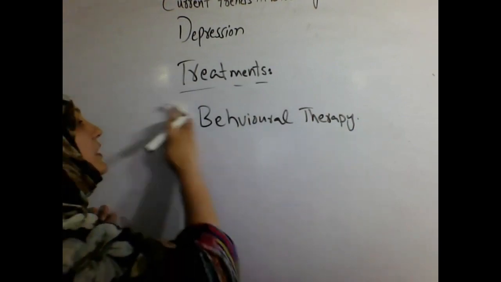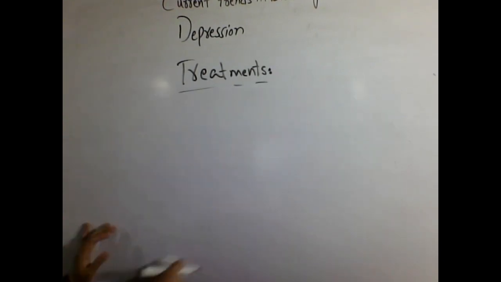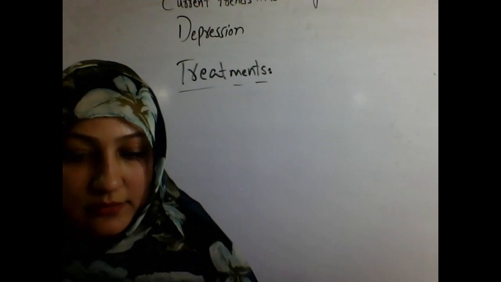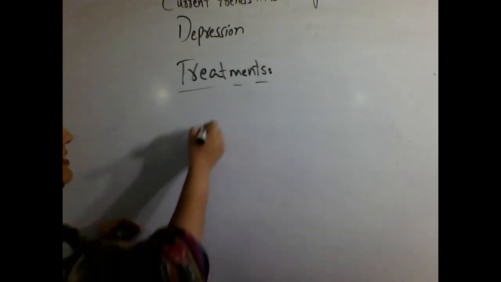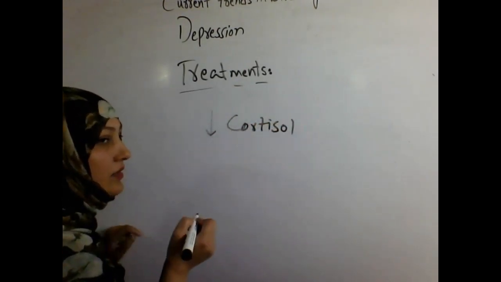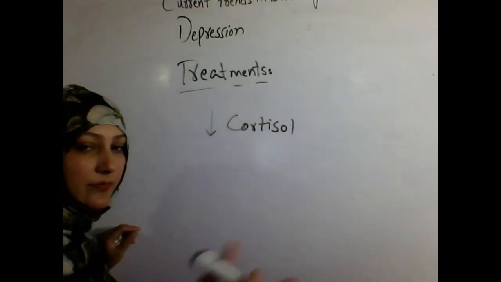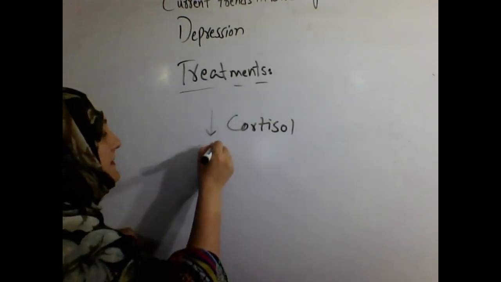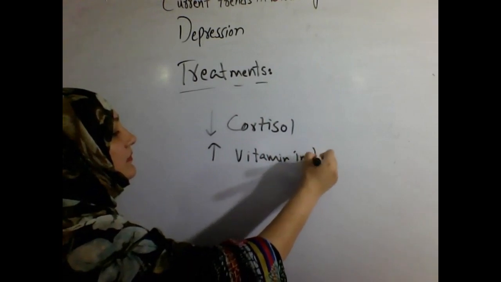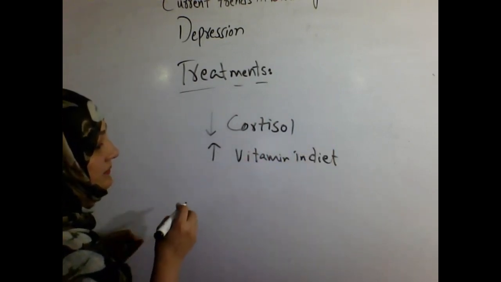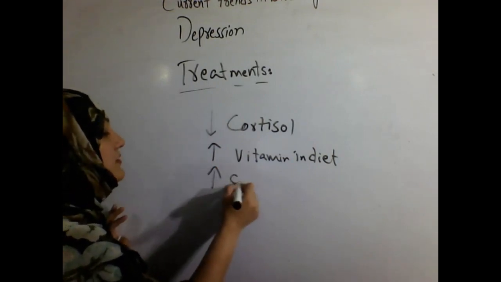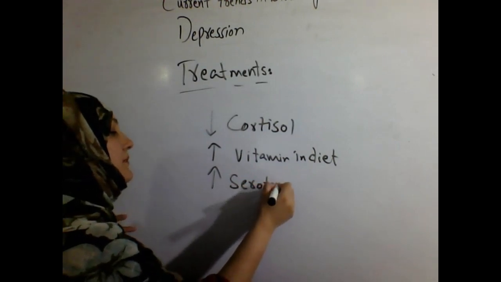By increasing the intake of different vitamins and by decreasing the level of cortisol, a high intake of vitamins in the diet can lead towards high production of serotonin.